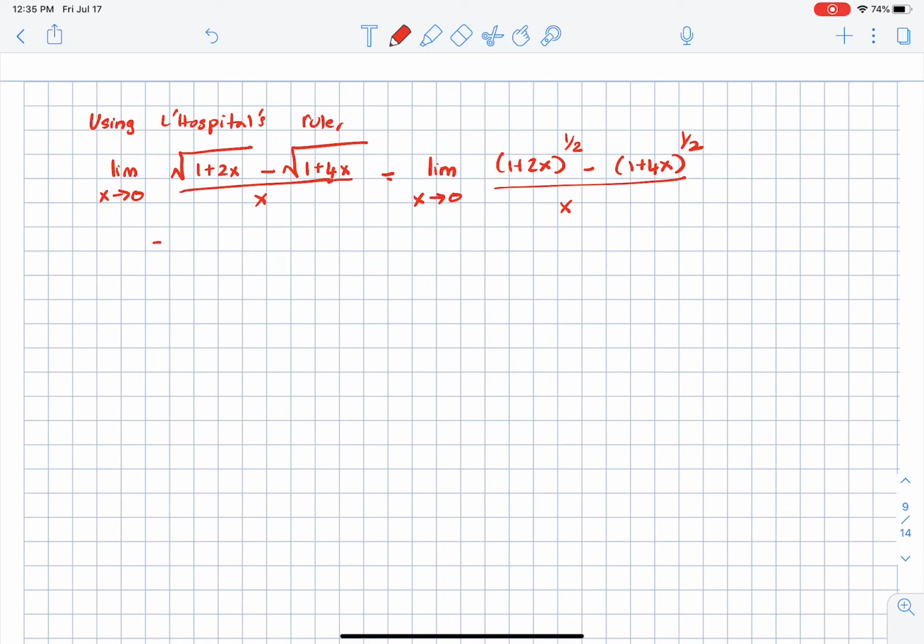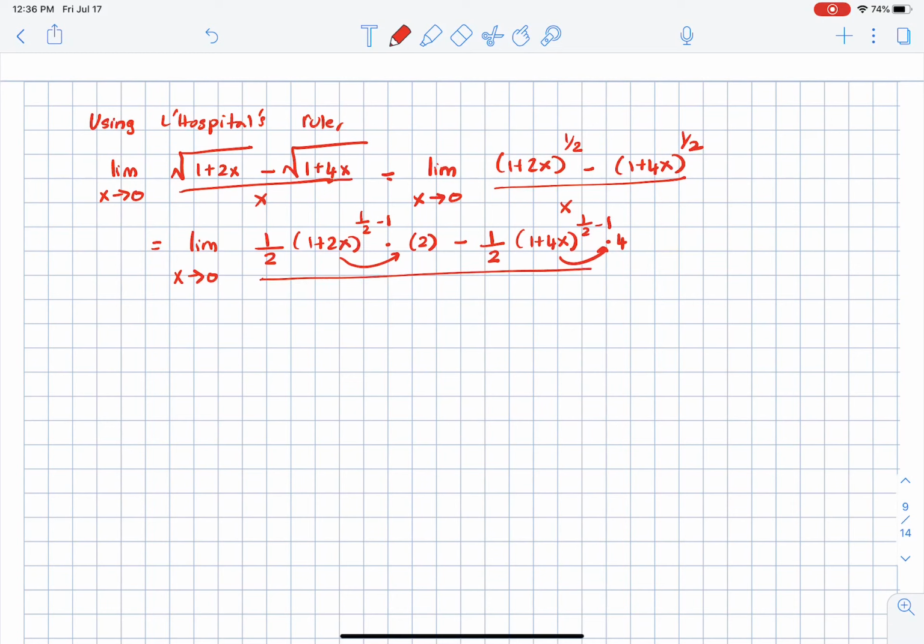Now I'm going to take the derivative of the numerator. So that would be 1/2 times 1 plus 2x raised 1/2 minus 1 times the derivative of the inside, which is 2, minus 1/2 1 plus 4x raised 1/2 minus 1 multiplied by the derivative of the inside, which is 4. So I am using power rule and chain rule of differentiation.